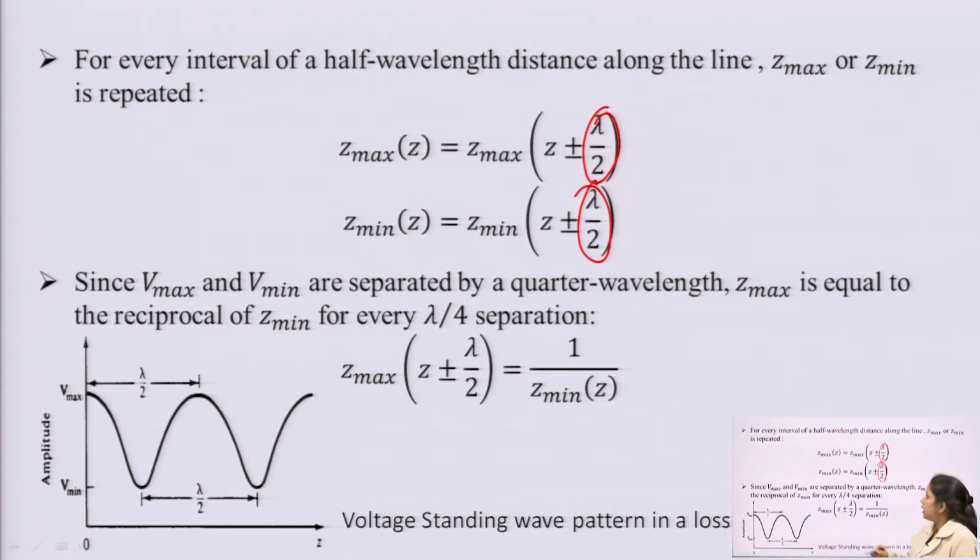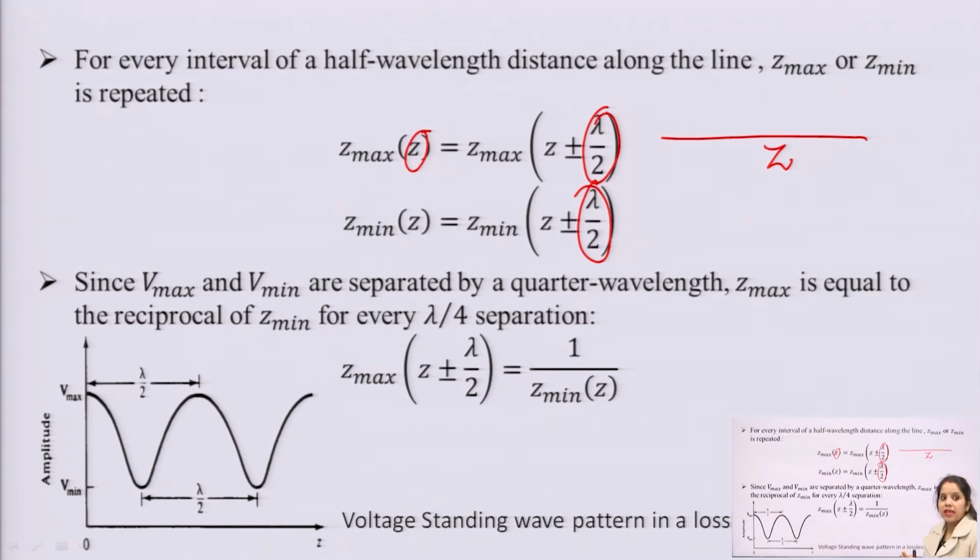So we can say that Z max at any point z along the line where the wave is propagating is equal to Z max of z plus minus lambda by 2. So, the distance between two maximum normalized impedances is lambda by 2, and the distance between two normalized minimum impedances is also plus minus lambda by 2.